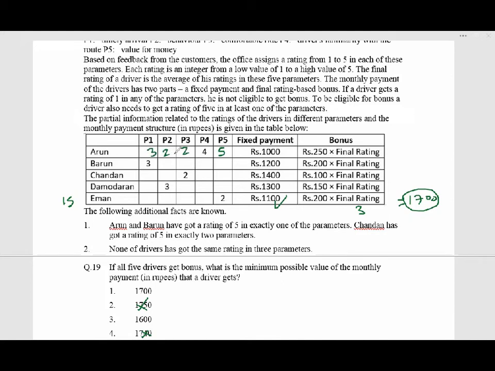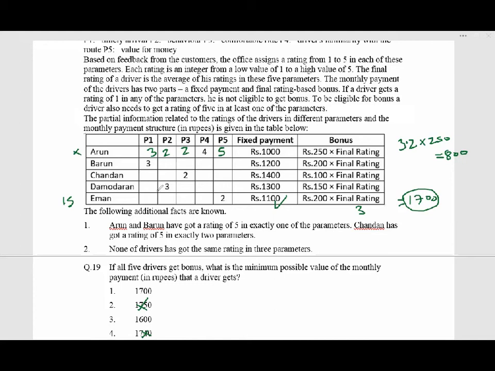So what is the total? 10, 16. Total is 16. 16 means average is 3.2, into 250 will give you 800 plus 1000, 1800. So Arun cannot go below 1700.